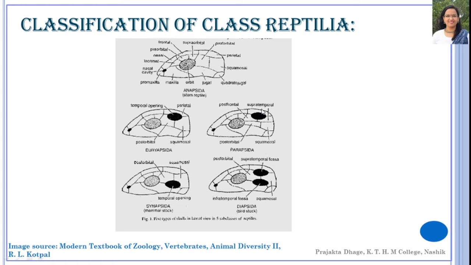You'll have a postfrontal bone and supratemporal below and parietal above. So here you can see postfrontal over here, the supratemporal, and here you have the parietal. So basically the locations are different. The structures of the skulls and the type of the bones are also slightly different.